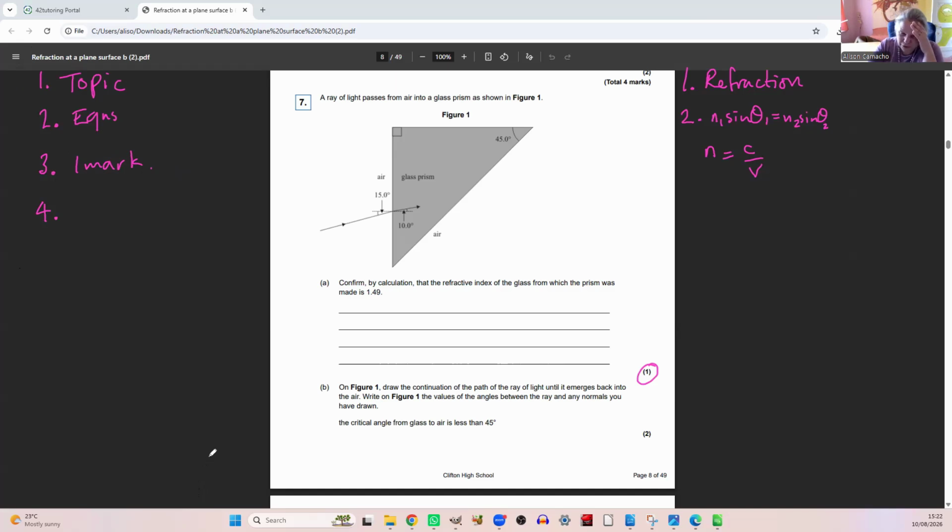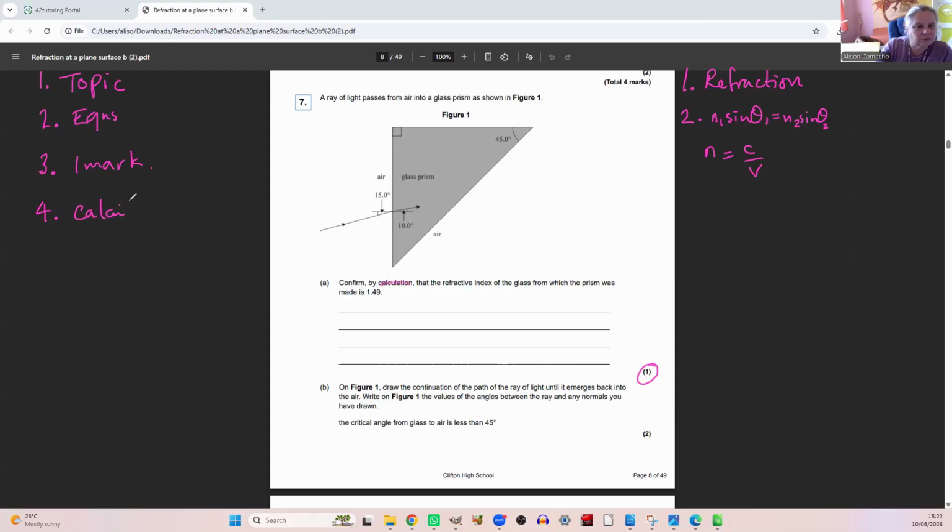Yeah, it's confirmed, but it's confirmed by calculation. So basically it's calculate, really. I mean, confirm, but yeah, calculate. So I'm going to write calculate down.